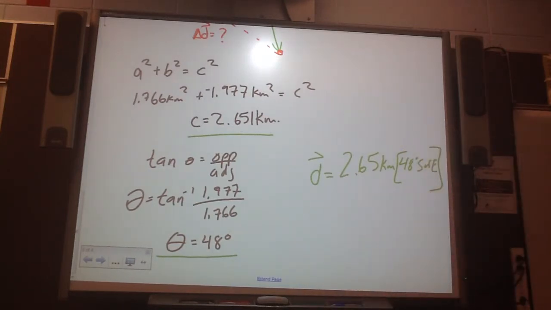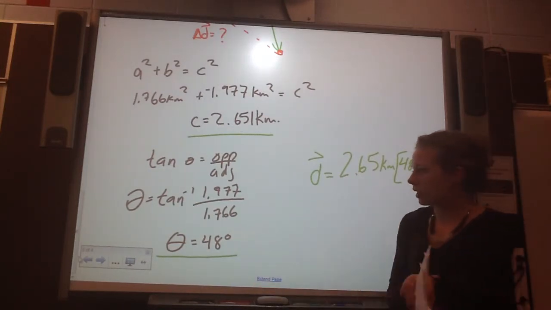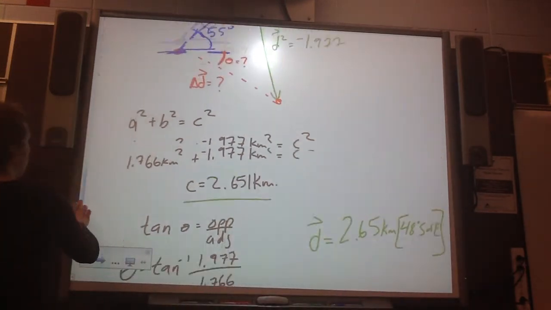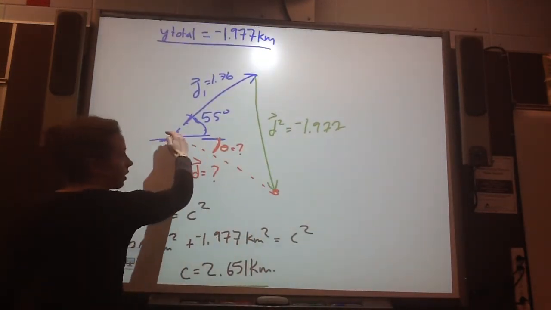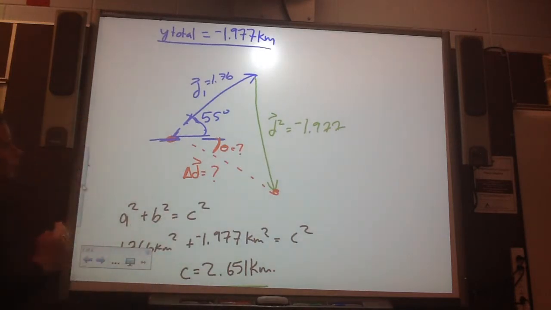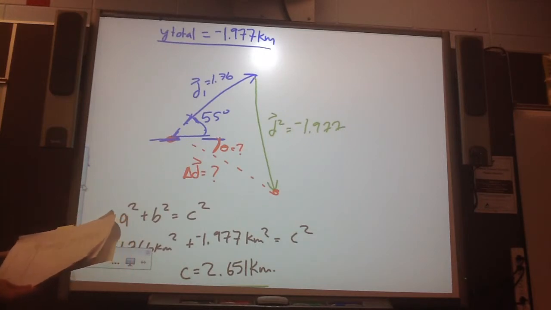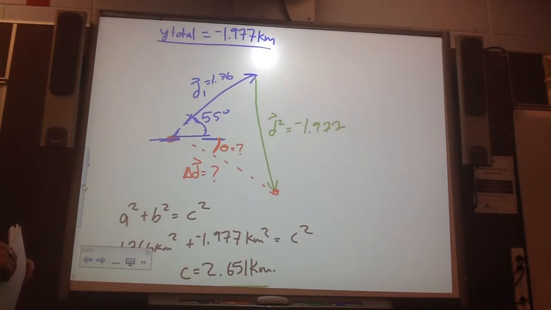Why 48 degrees? Because that was the theta, the angle of this vector. Like from the blue line to red. Yes. But 48 plus 55 doesn't equal 90. It's not a right triangle. Then how can you use Pythagoras theorem?